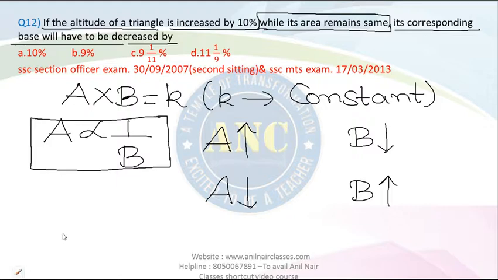I explained the concept in detail in my percentage class. I will not be explaining in detail right now. If the first parameter A increases by some fraction, numerator by denominator, then B should decrease by some fraction. In what fraction should B decrease?